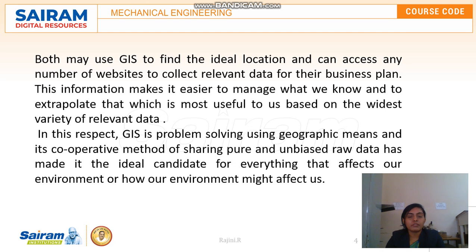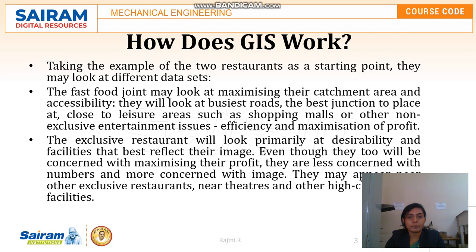So here we have five important steps of GIS: requesting, acquiring, examining, and analyzing. While requesting, what is the problem statement? First we need to discuss the problem statement, what we are trying to solve or analyze, and where it is located.